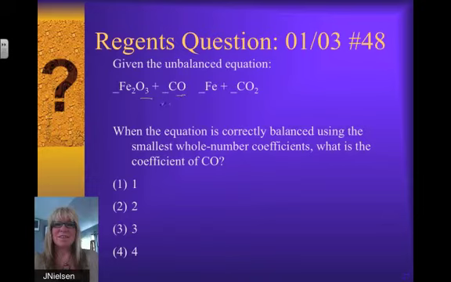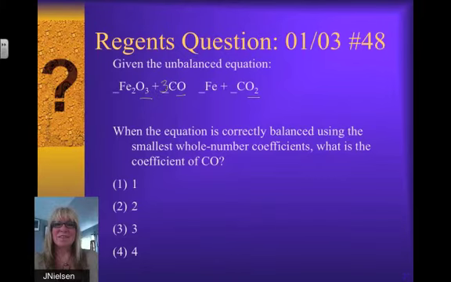In this example, I've got 3 oxygens here, 1 oxygen here. It's a total of 4, and I have 2 here. But if I put a 2 here, that'll even up my oxygens, right? Nope, I'll have 5. That's not going to work, is it? If I put a 3 here, then I'll have 6, and now I have an even number.